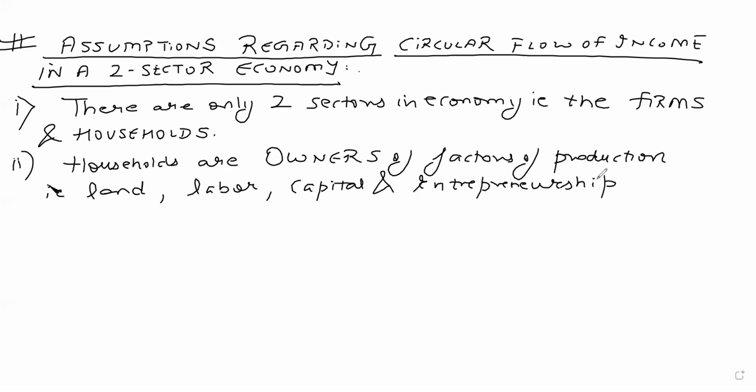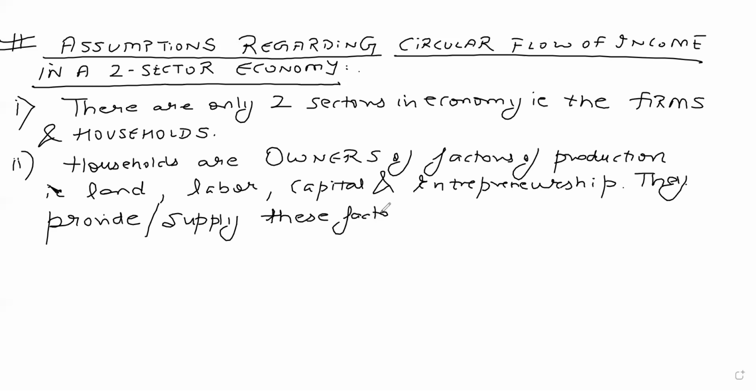The household owns them. Households own a given piece of land. Households own labor. They supply labor. Households own capital, and households have entrepreneurship skills. They provide, or I can say supply, these factor services to the firms.